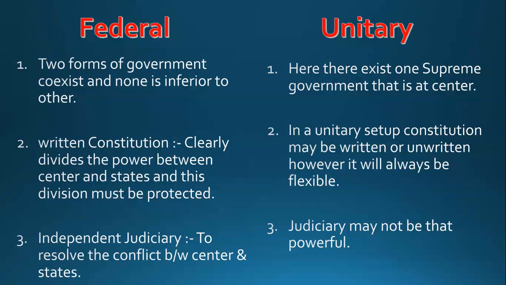It means the constitution should be rigid, at least in those parts which deal with the distribution of power between center and state. Alone, the central government or alone, the state government should not be allowed to amend the constitution for those parts which deal with the distribution of power between center and state.